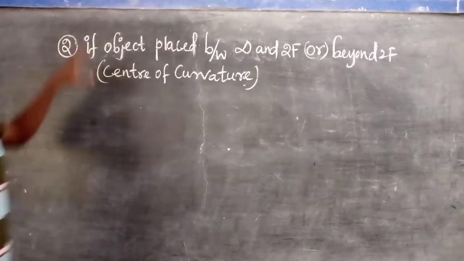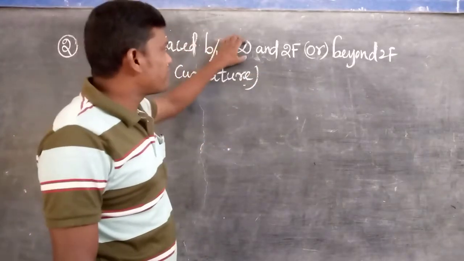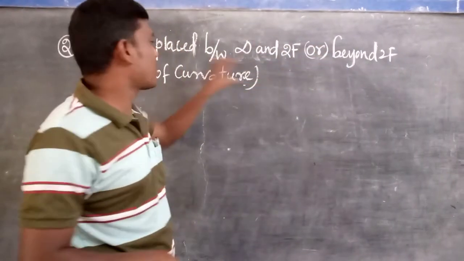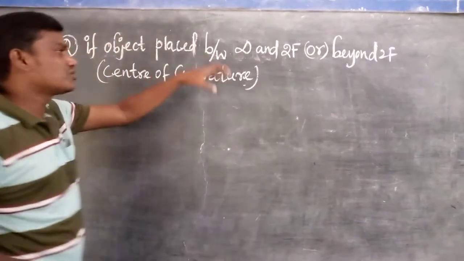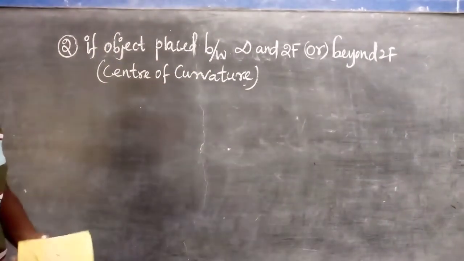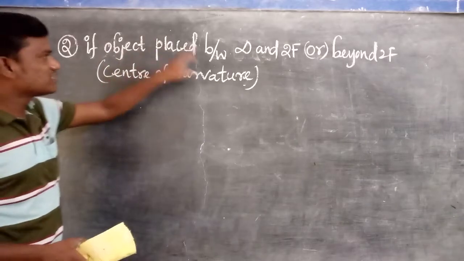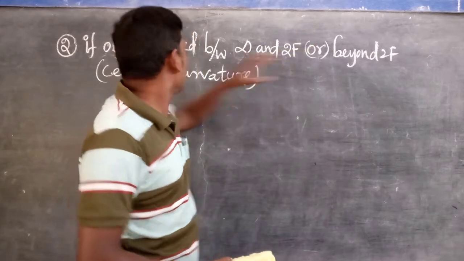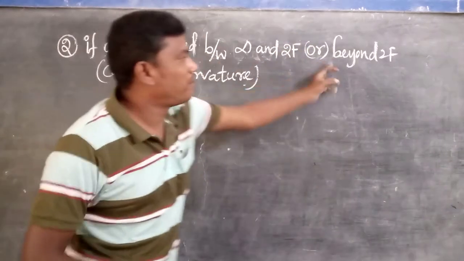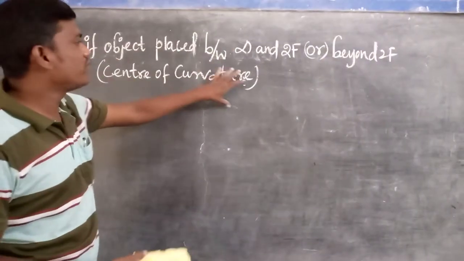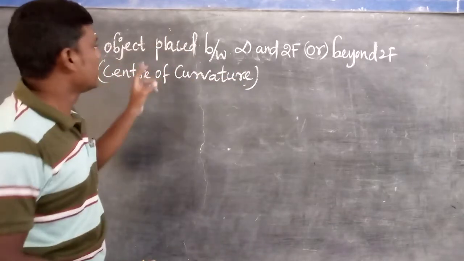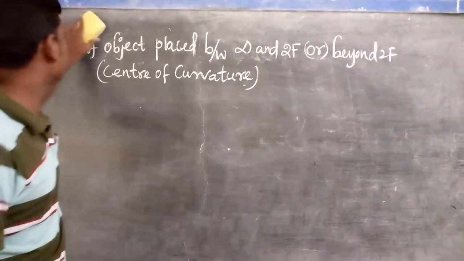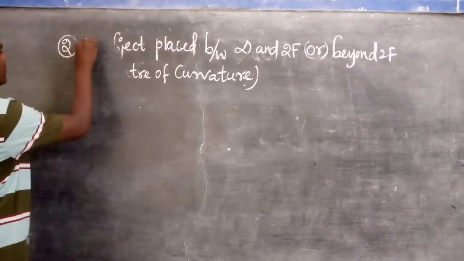So listen very carefully. Between infinity and 2F, or beyond 2F, is nothing but beyond the center of curvature. The way of asking the question is different, but the diagram is the same. If the object is placed between infinity and 2F, like this they ask. If the object is placed beyond 2F, or if the object is placed beyond the center of curvature, they ask in this type of mode.